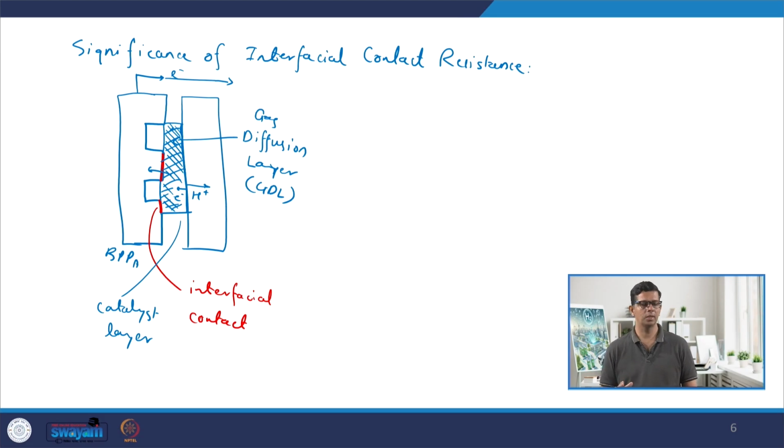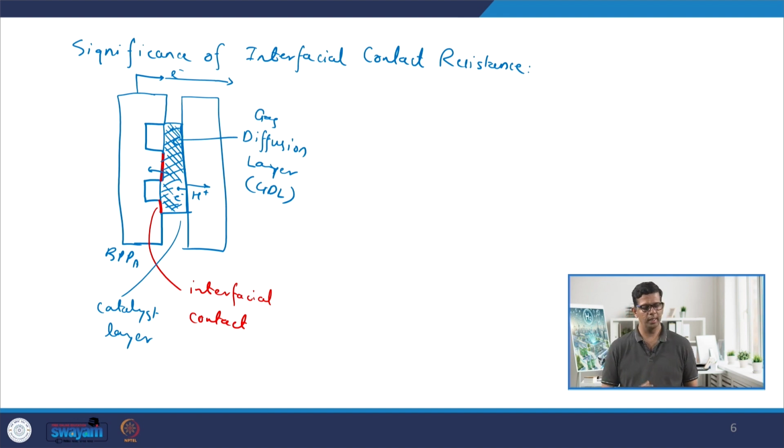However, this is not the case when they cross the interfacial contact between the bipolar plate and the diffusion layer. Since they are made from different materials and the contact is not perfect, there is a lot of resistance offered to the electrons while they get transferred to the bipolar plate.